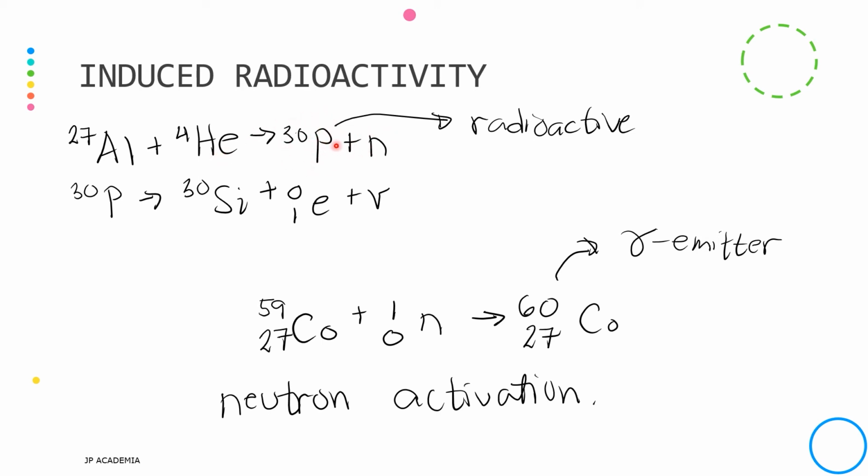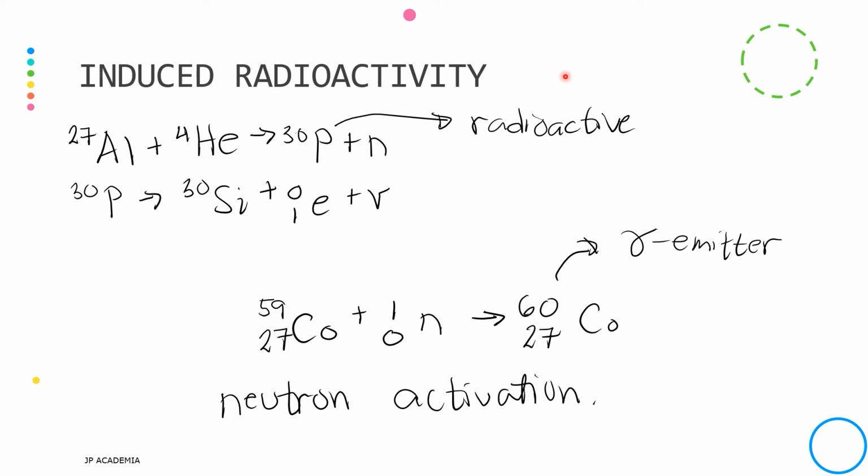This one is radioactive, and given it is radioactive, it will decay to silicon-30 plus this positive electron here, or positron, plus your neutrino. The production of radioactive tracers is one of the practical uses of this induced radioactivity. Radioactivity is created when stable nuclei are bombarded by ionizing radiation.